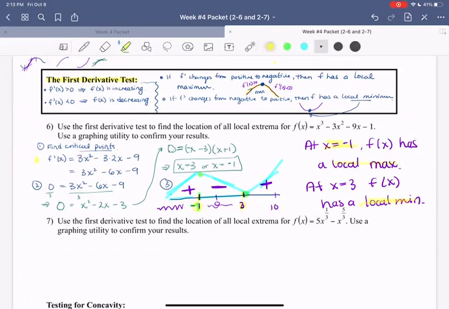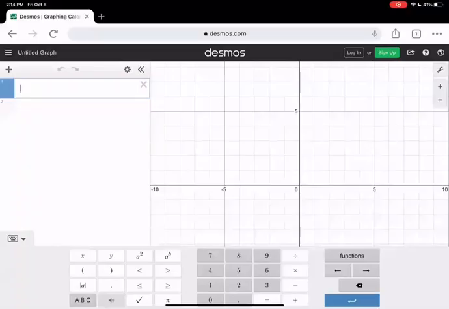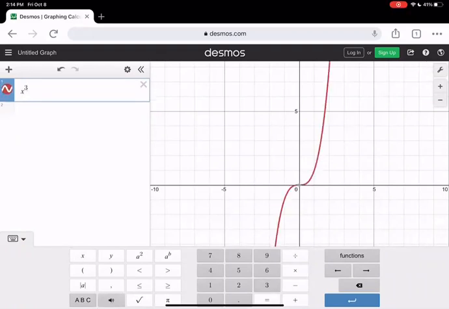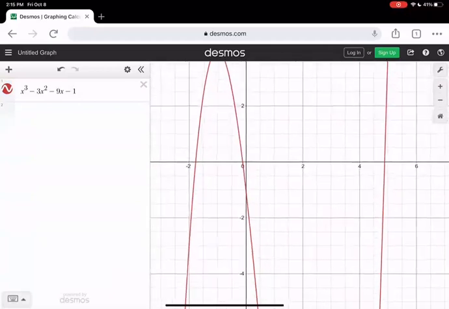So why don't we graph the function to confirm that we found the correct extrema values? I'm going to graph my original function to find its local maximum and minimum. All right, let's take a look at our graph now.